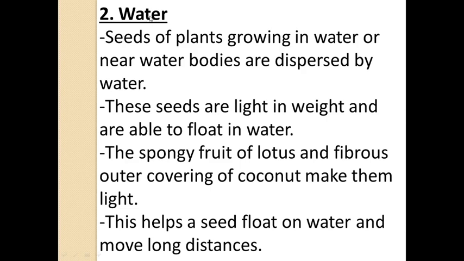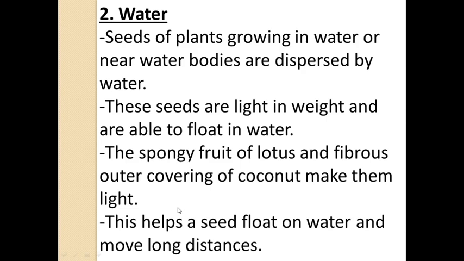Then water, seed dispersal by water. Seeds of plants growing in water or near water bodies are dispersed by water, that we have seen in the video. These seeds are light in weight and are able to float in water. If the seeds are heavy, they cannot float. So the seed should be light in weight, then only can it float in water. The spongy fruit of lotus and the fibrous outer covering of coconut make them light.